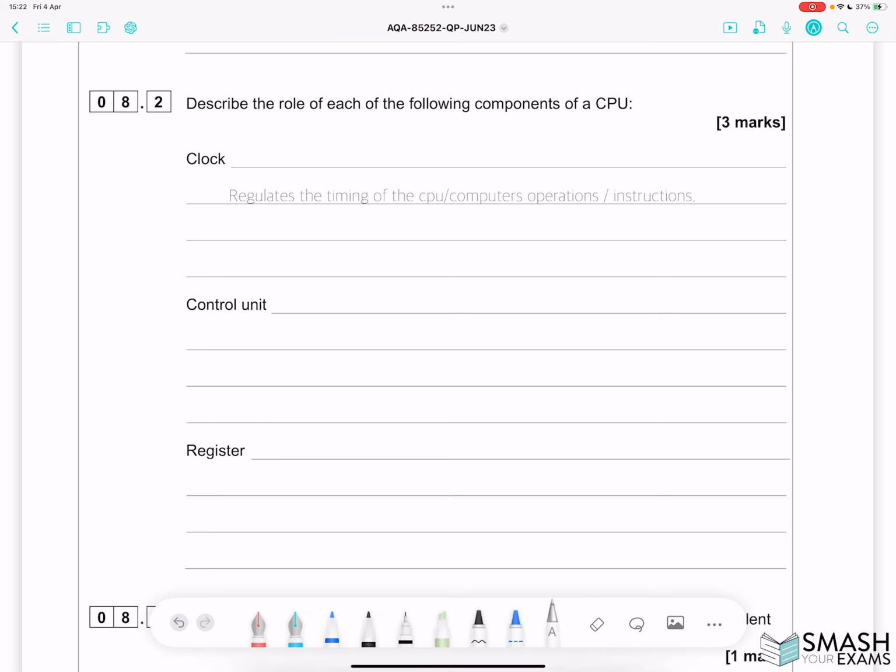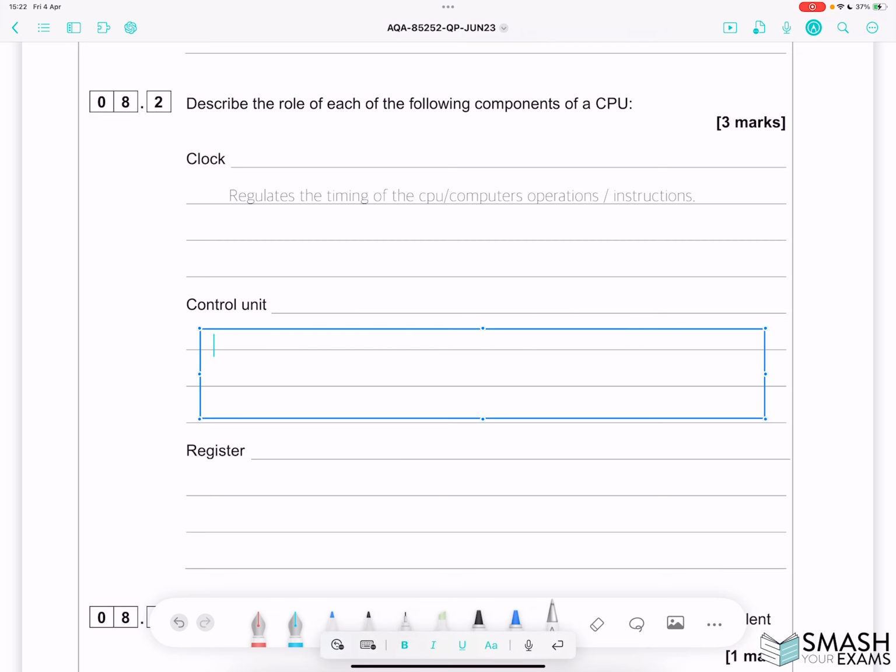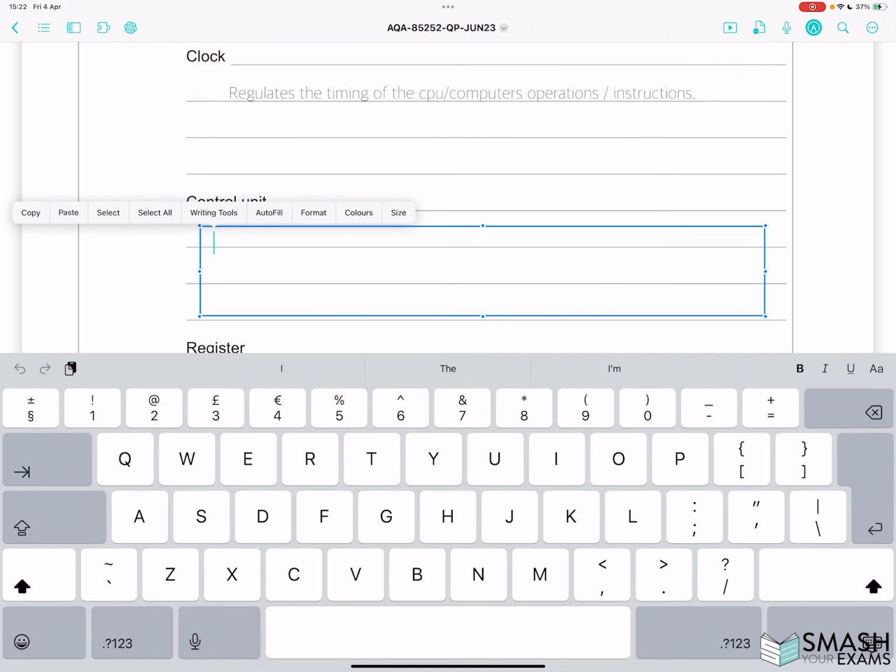The control unit. Okay, so with the control unit, we know that the control unit essentially is trying to, or certainly at GCSE level, we can say it basically coordinates the actions of the CPU. It actually does a couple of other things as well, because it also performs part of the decode part of the fetch decode execute cycle. So I could go with any of those things in actual fact.